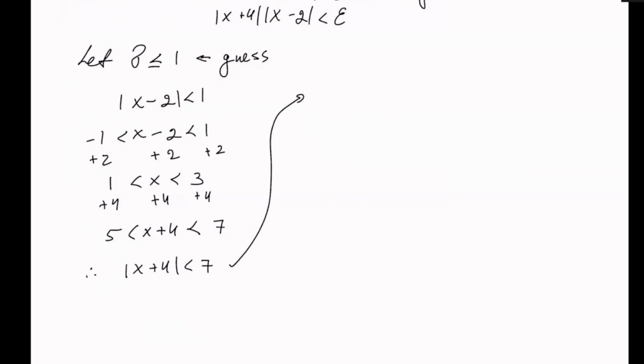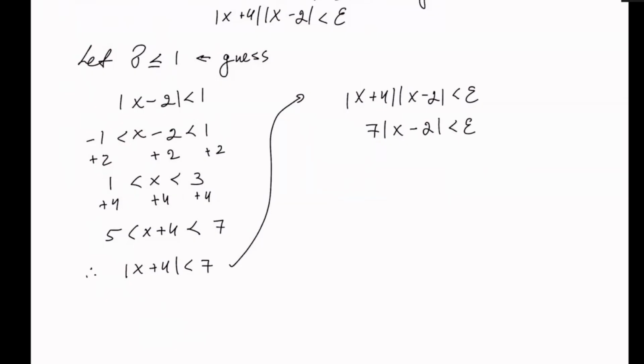So going back, we have absolute value of x plus 4 times x minus 2 less than epsilon. Again, we said that the upper bound for x plus 4 is 7, so I'll just substitute it here. I have 7 times the absolute value of x minus 2 less than epsilon.